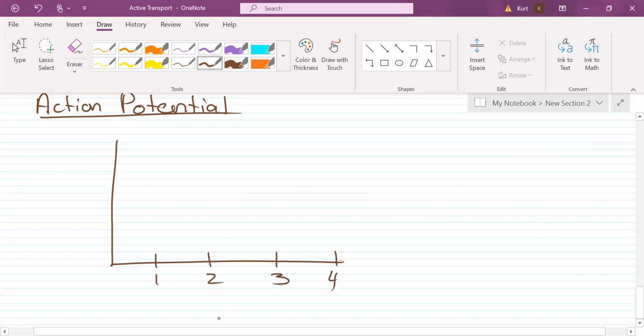This happens very, very fast. A milli is 1/1000th of a unit. And on the y-axis, we have millivoltage. We're going to start at the bottom with negative 70 millivolts, then around negative 50, then 0, then positive 40.